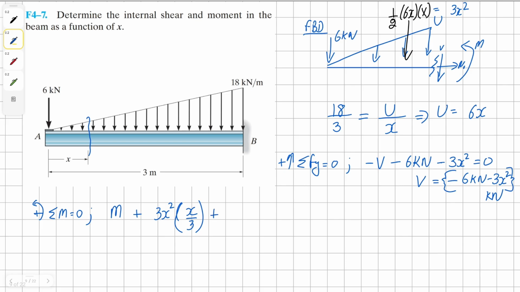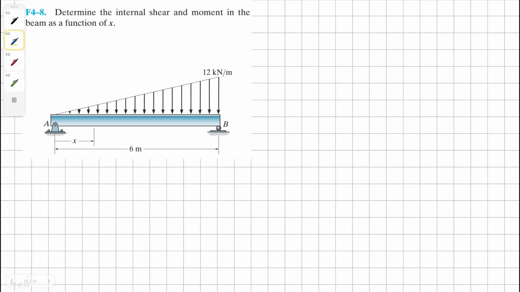And then we have our counterclockwise external load of 6 kilonewton, and it's x meters away, all equals to 0. Solving for M, we're going to have negative x cubed and negative 6x. All of this.